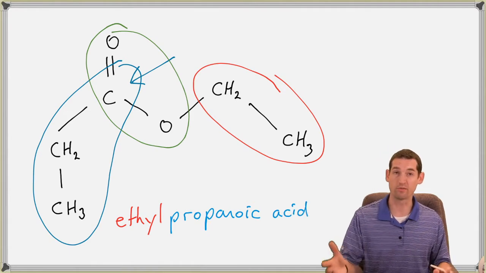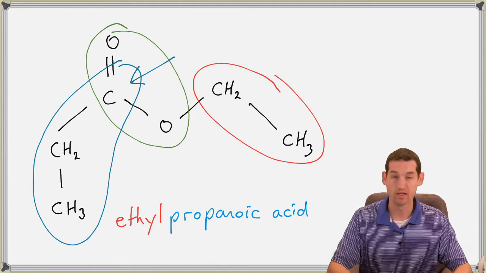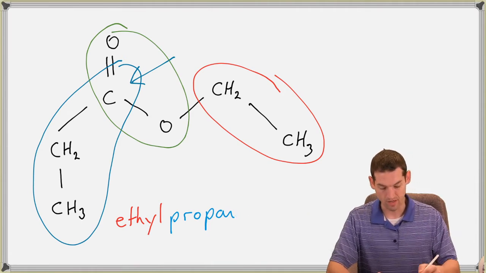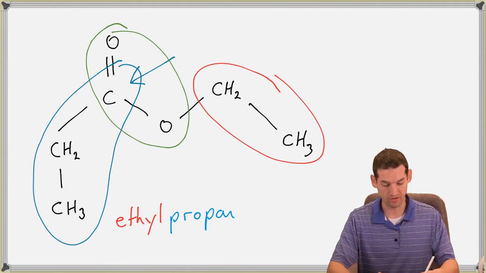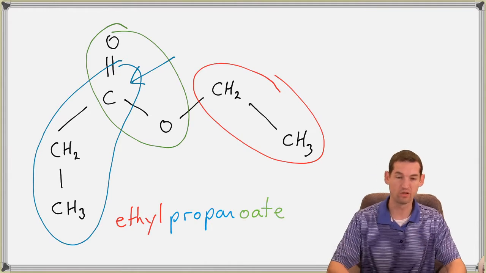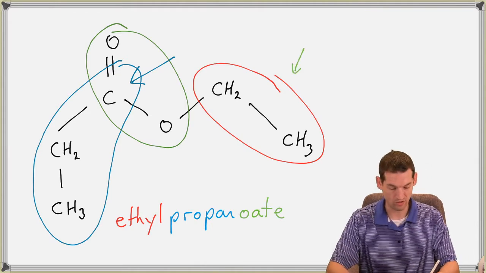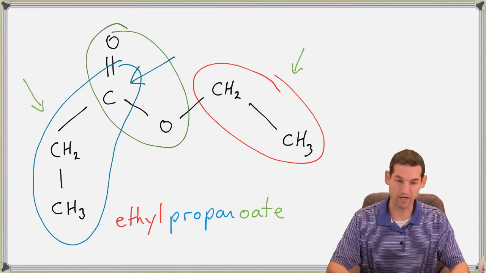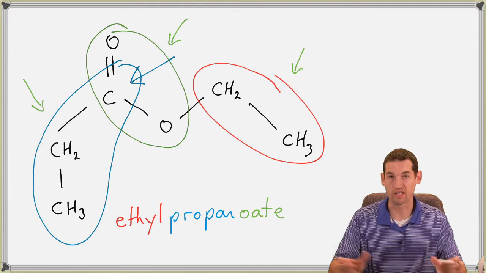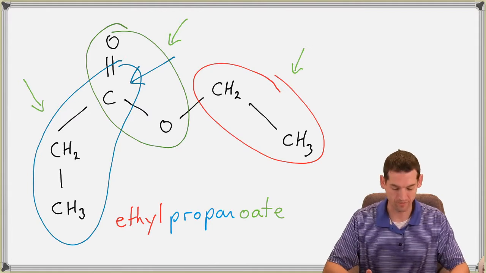Remember, the parent comes from a carboxylic acid. But in this case, we're going to drop the oic acid, and because it's an ester, we add on the end oate. So this is ethyl for the branch, propan for the parent, oate because it's got the ester linkage connecting those two pieces together. And that's as complicated as it's going to get for these ones.